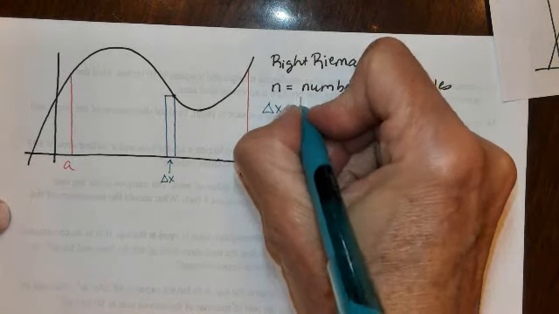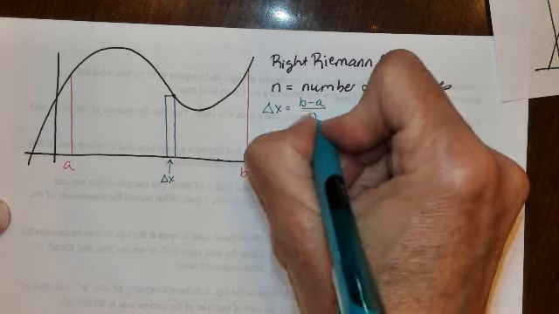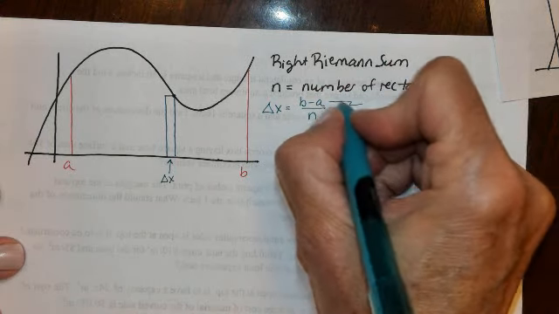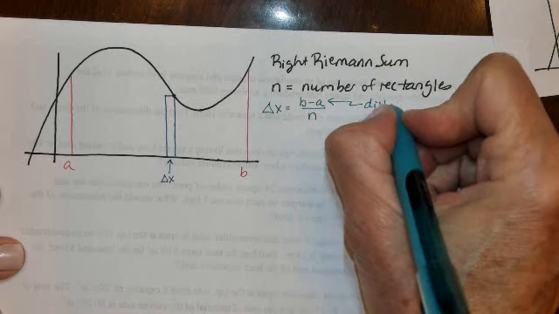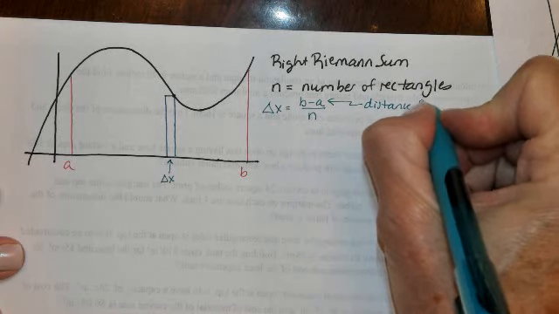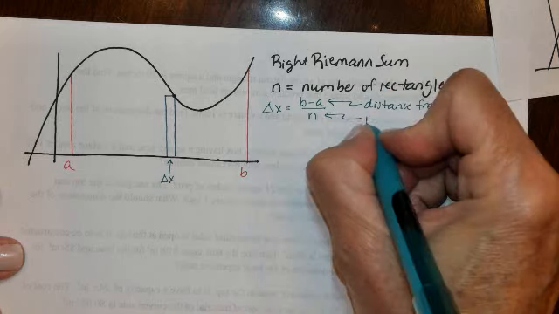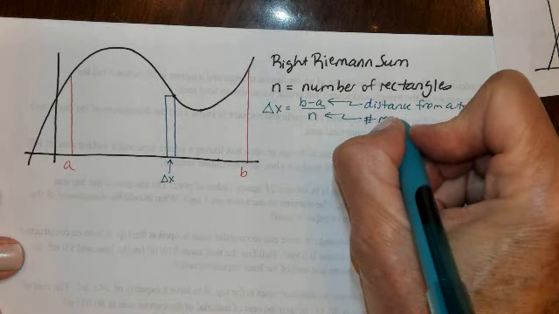So delta x is b minus a divided by n. Again, b minus a was the distance from a to b, and n is our number of rectangles.